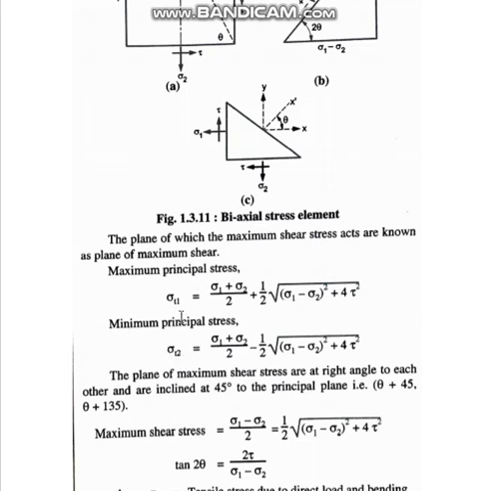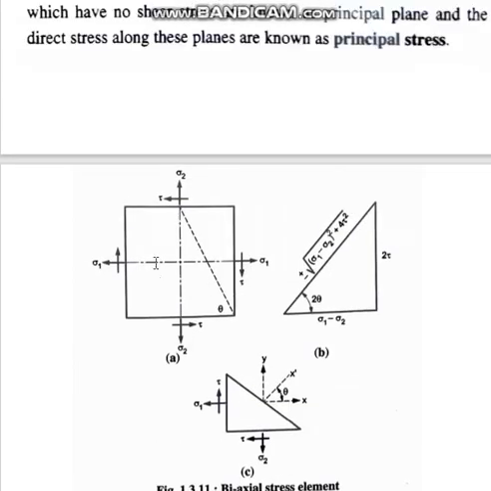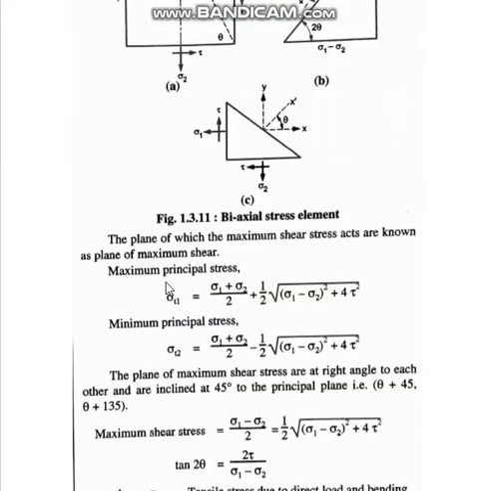So sigma T1 is sigma 1 plus sigma 2 upon 2, where sigma 1 is one direct stress and sigma 2 is the direct stress mutually perpendicular to it. In this plane you can see this is sigma 1, these two are sigma 2, and the third one is tau.